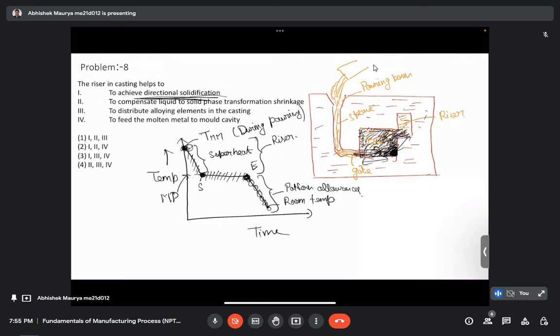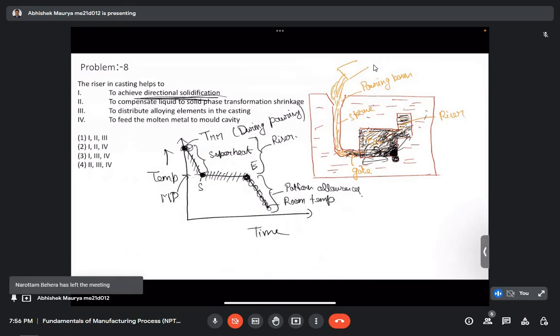Our aim is that solidification should start from the remotest place, and it should end near the riser and near the gates. The molten metal inside the riser should solidify last, and the molten metal which is far away from the riser should solidify first. That is called directional solidification.